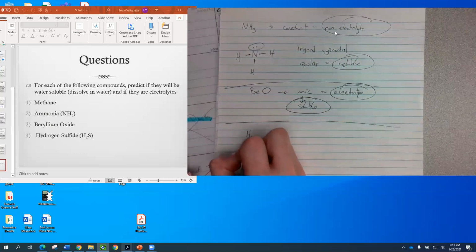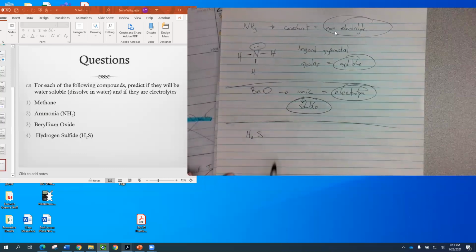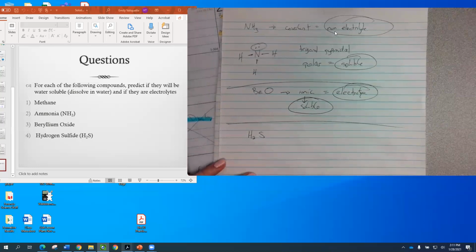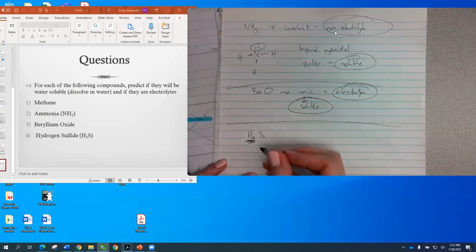Hydrogen sulfide, H2S. Now, both of these are, of course, non-metals, so this is covalent. However, some of you might remember from grade 10 or from earlier that anytime we have an H at the beginning of a compound like this, other than water, that means that this is an acid. And acids and bases don't behave like normal compounds.